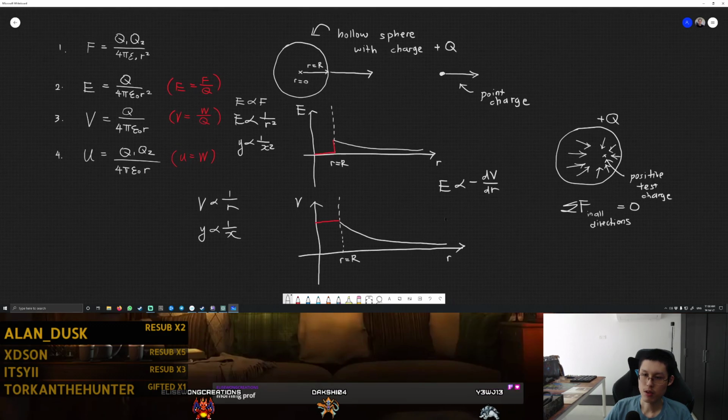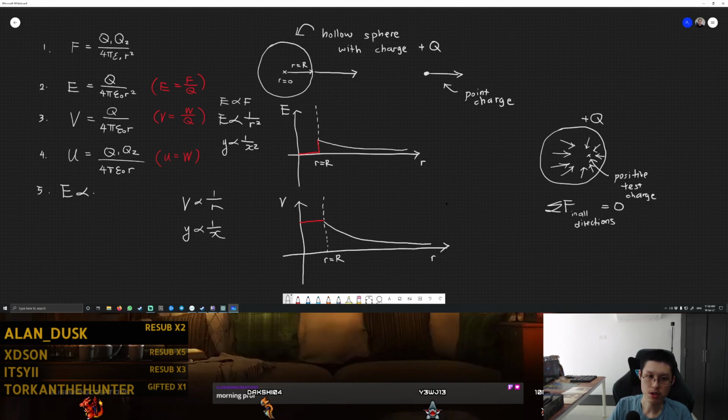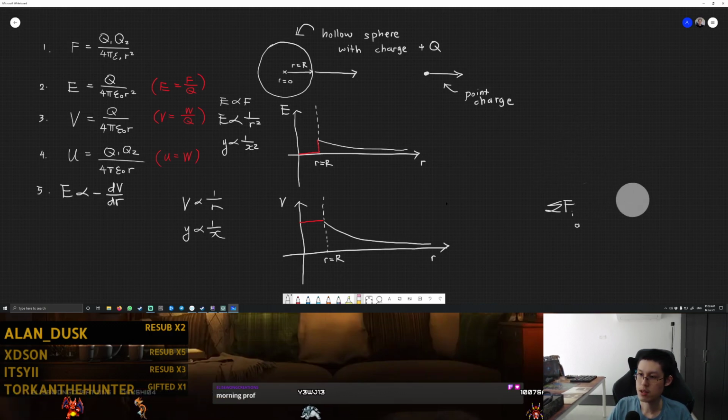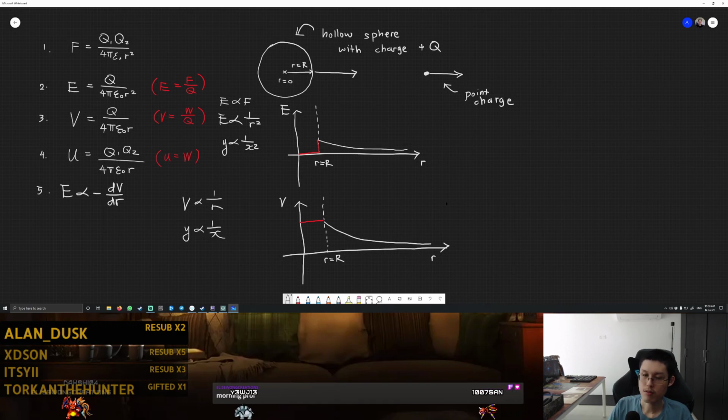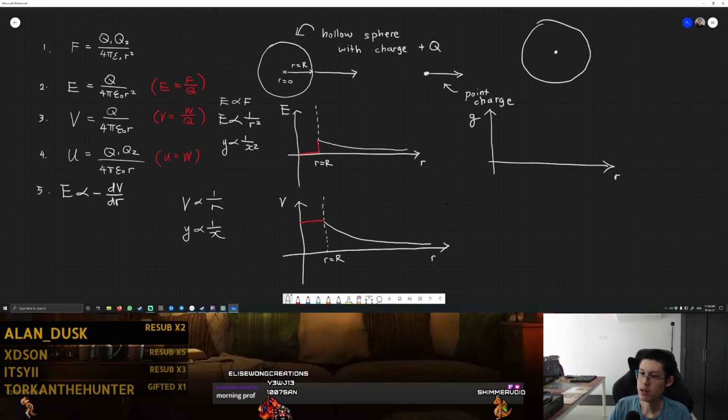Okay, so let's just compare this with the gravitational field strength. For gravitational field strength, hang on, let me just write that here. E is proportional to negative dV/dr. Okay, let me get rid of this. So for an object with mass, if I were to plot the gravitational field strength against r, and let's say we have a planet, at the center r is 0, at the surface r is equal to R, and then this extends all the way there.